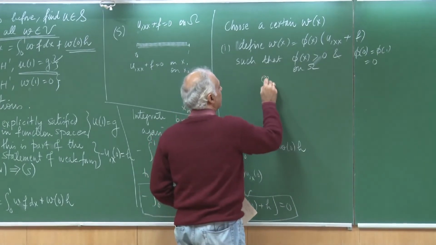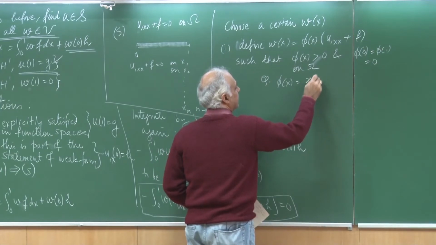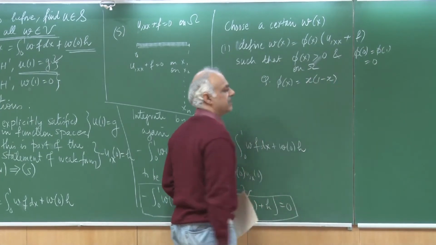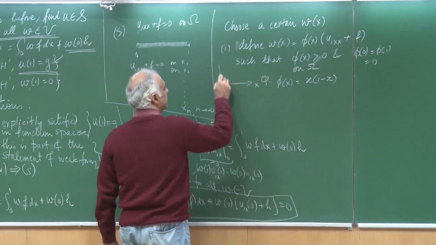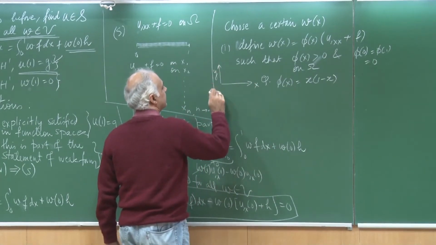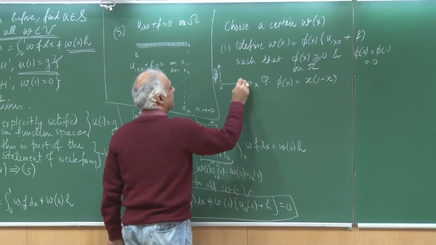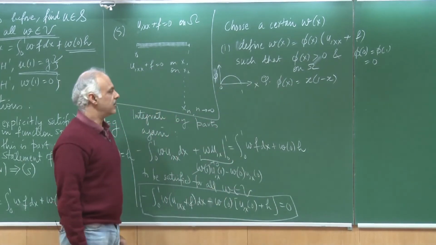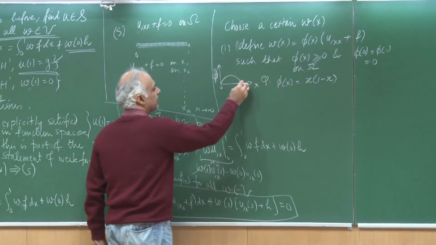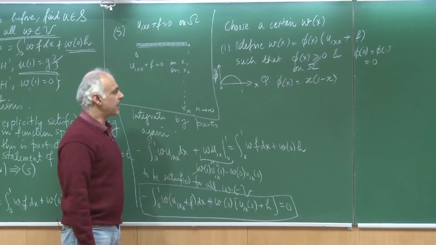One example could be that phi of x could be something like x times 1 minus x, and then you can see that if this is my x axis, this is my y axis, then between 0 and 1 my phi looks something like this. So, it is greater than 0 at all points, but at x equal to 0 and 1 it is exactly 0.